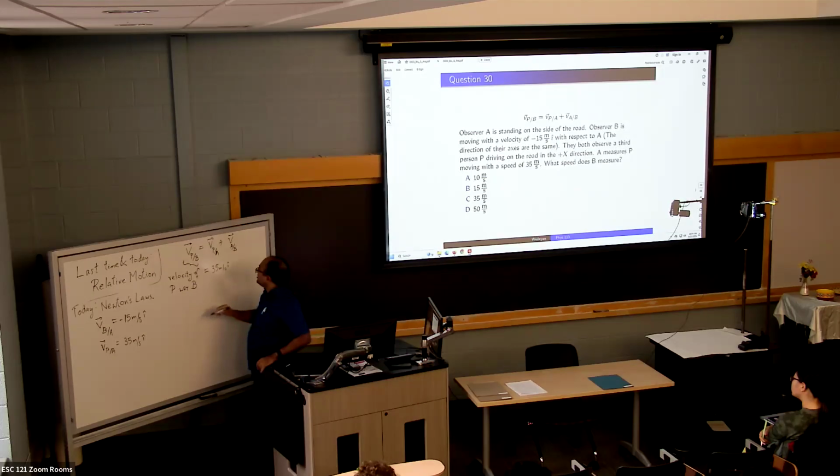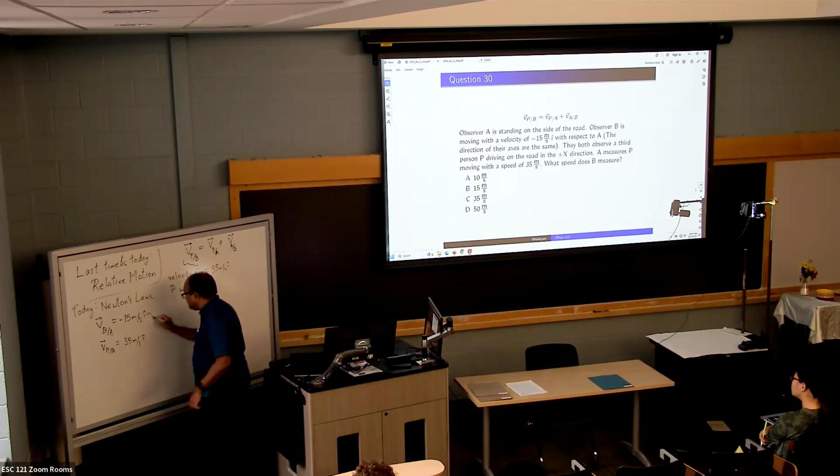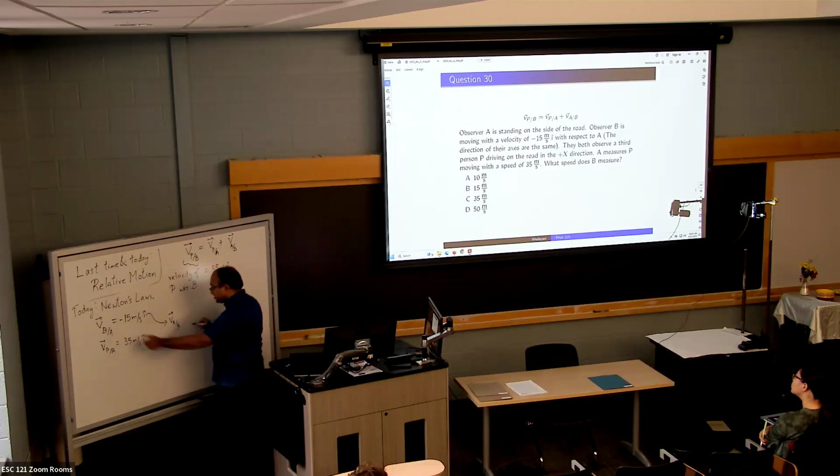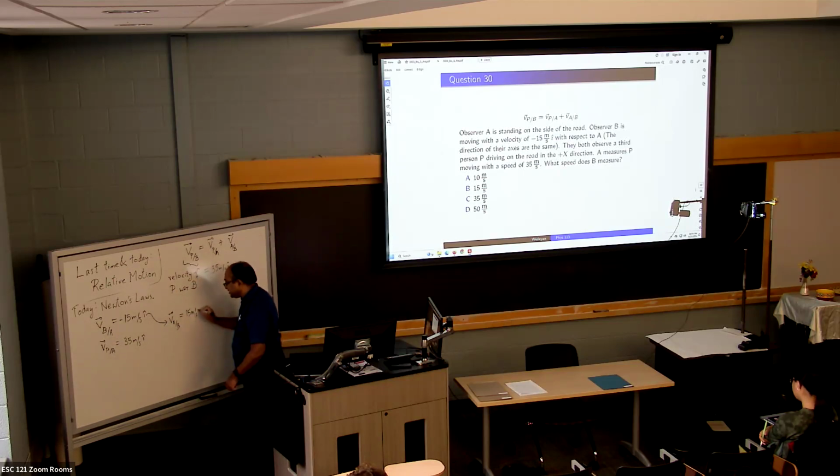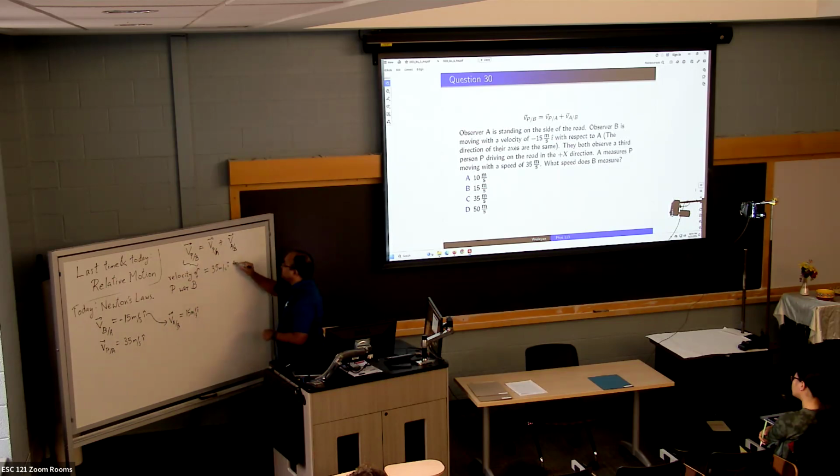It will just be in the opposite direction, that's right. So the velocity of A with respect to B, I can flip the order of these subscripts at the cost of a minus sign. So this becomes positive 15 meters per second I hat. I can put that in here, plus 15 meters per second I hat, then add them, and so I get the velocity of P with respect to B is 50 meters per second I hat.